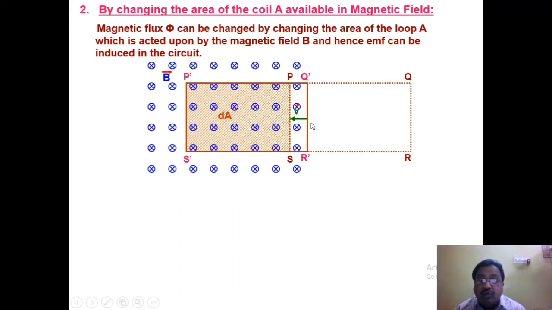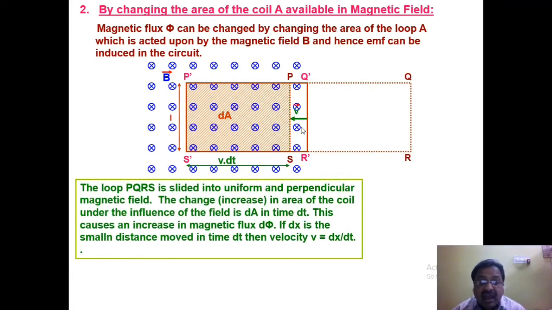Due to this motion with velocity v, represented by this green arrow, there is a change in area by dA. The change in area is dA when the loop PQRS is slid into the uniform field, which is perpendicular to it.